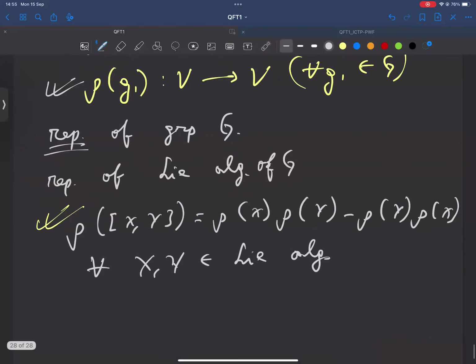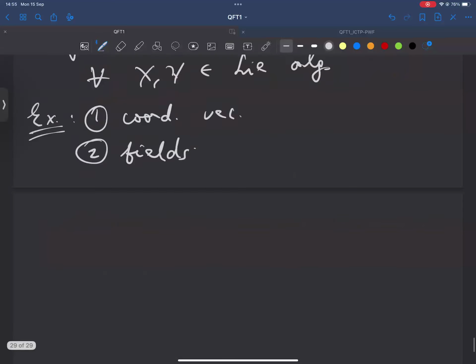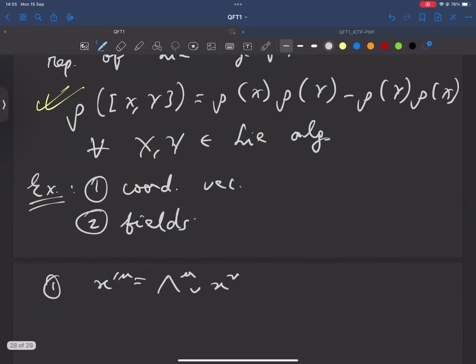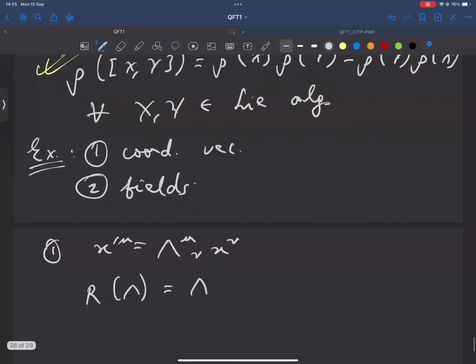But because we discussed group representation, let's also see an example of a group representation. So here again, we will see first coordinate vectors and fields. So we already know that on coordinate vectors, this x prime acts like this, right? And so let's define a representation R which for every group element lambda gives you just the group element lambda.